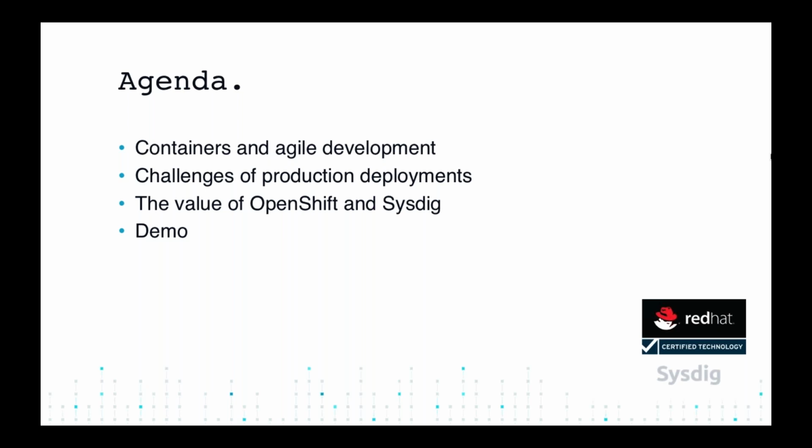We'll focus that on the monitoring and security side of things, and then talk about how what Red Hat is doing with OpenShift and what Sysdig is doing with its solutions come together to make you more effective. The good news is we want to get through the slide content as soon as we can so we can jump right into the demo, because we find a lot of value in showing you. So with that, I think we can get started. Knox, are you ready to go? Let's do it. All right, awesome.